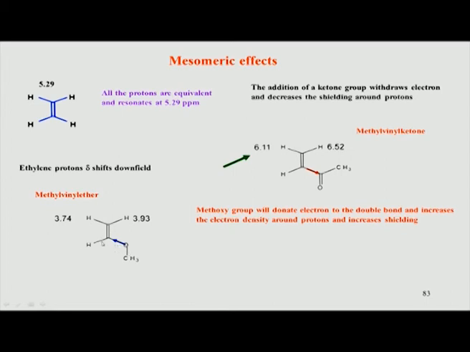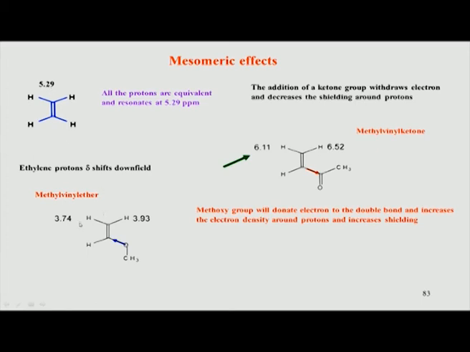Because of the electron donation, the electron cloud density around this increases, which in turn affects the electron density around these hydrogens, because they are also pushed towards higher electron density. Remember again, higher electron density means shielding, and lower electron density means de-shielding. Because of the higher electron density around this hydrogen, it has become upfield compared to the original 5.3 ppm.